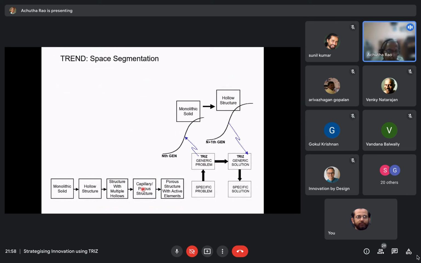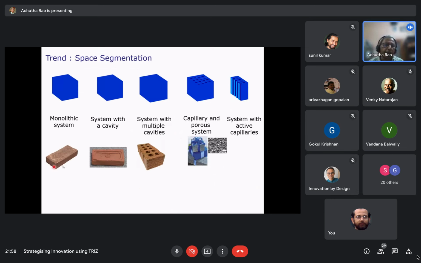Okay, so I come back to monolithic, solid, active. If you see the brick, we have seen this brick, solid, with depressions, multiple depressions. Now the hollow brick, I hope most of you have seen, right? Only one trend is left here. That hollowness, the pores there, you must fill with something. The cavity has to be filled with some active element. So there are a lot of possibilities. Because Holcim has come up with a cement which will make that type of porous brick from which water can go down.